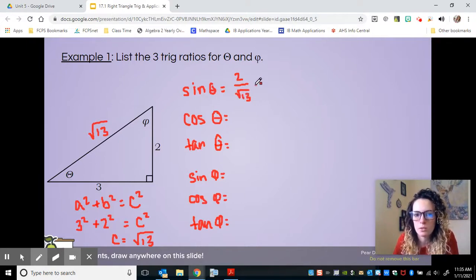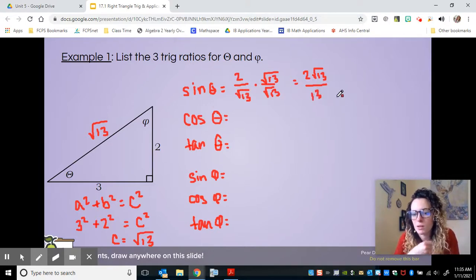So what we'll have to do is multiply numerator and denominator by that radical 13. In the numerator, 2 times root 13 is just 2 root 13. But in the denominator, root 13 times root 13 is just a plain old 13. It eliminates the radical for us.